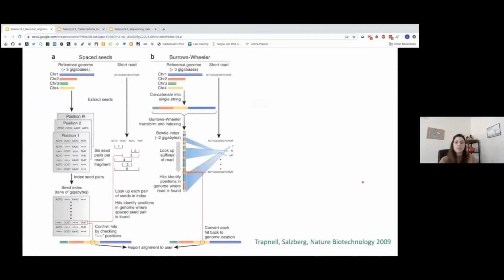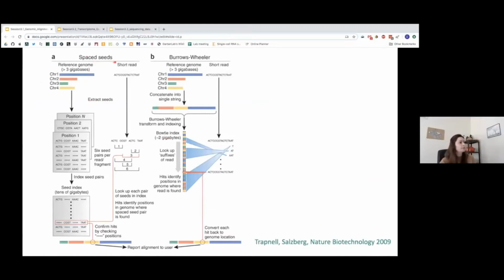All right, so we talked about hash-based alignments, but that's not the only way to create an index. There are other ways to create indices, and some of them are very commonly used in mapping algorithms.